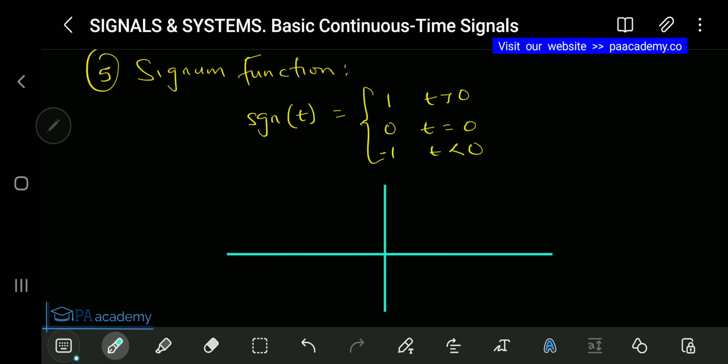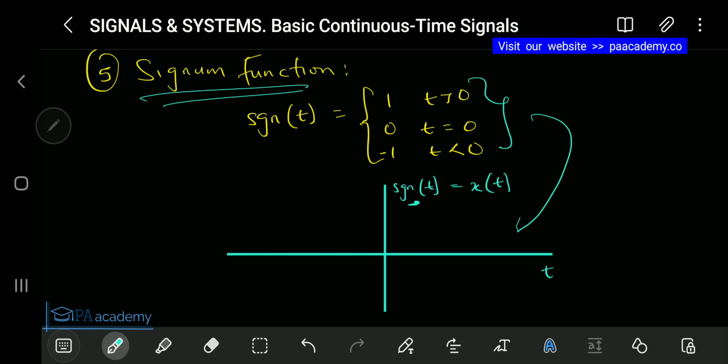This is going to be our t, and this is going to be our SGN of t, which is also our x of t, but it's preferable to use SGN of t since we are talking about the Signum function. Now let's interpret this into the graph.